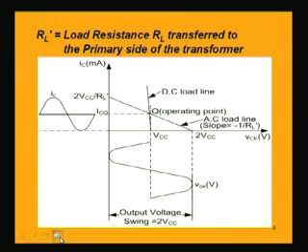We are concerned about the AC power being transferred to the transformer secondary side load. So, we can draw the DC load line by noting down the maximum value of the DC collector current and the maximum value of the DC voltage.